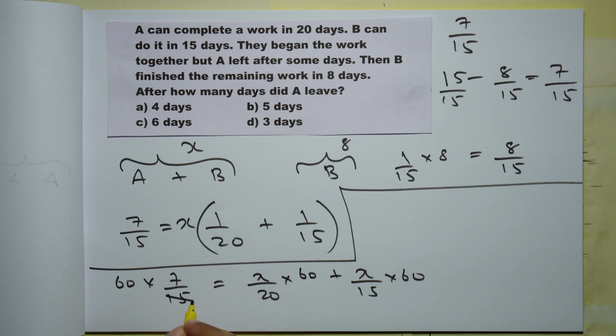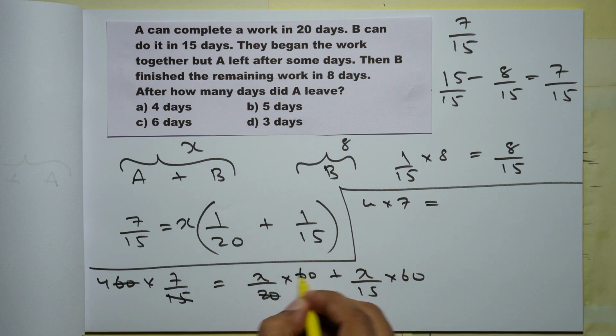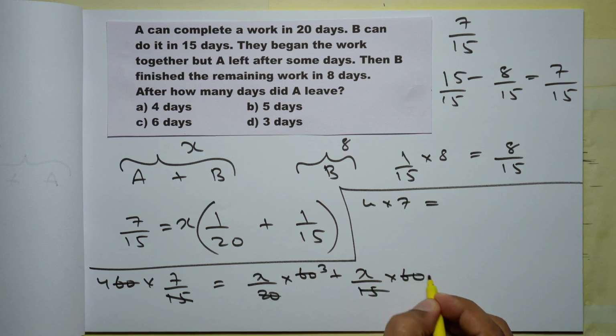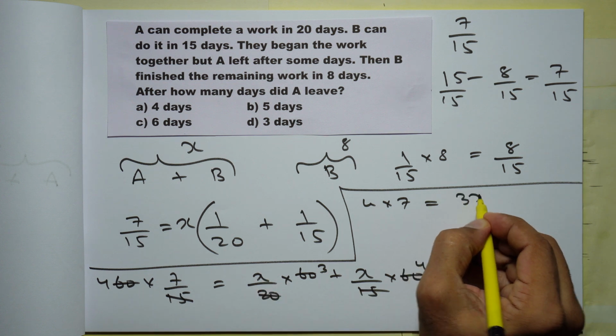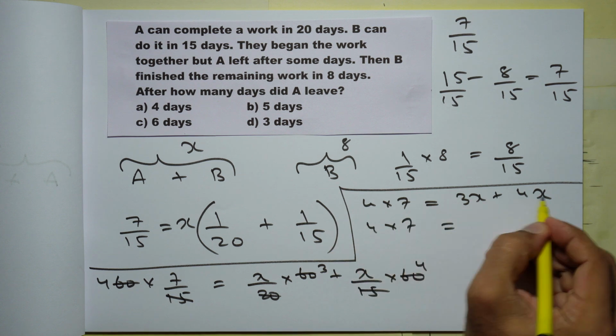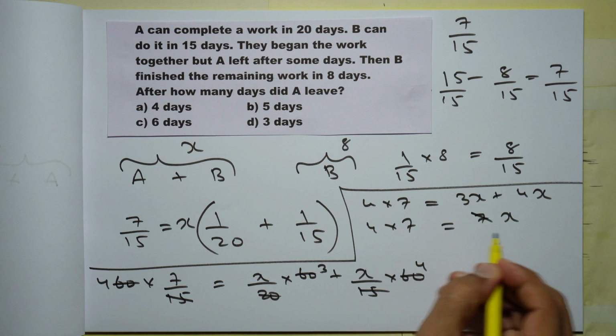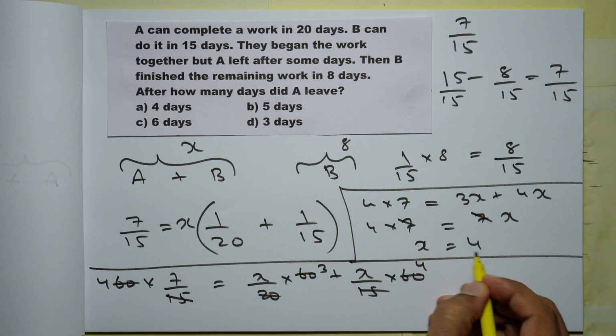Now 15 divides 4 times, so 4 into 7 is equal to, here 20 divides 3 times, 15 divides 4 times, so 3x plus 4x. So 4 into 7 is equal to 3x plus 4x, 7x. So 7 and 7 will cancel out. You will get x is equal to 4.